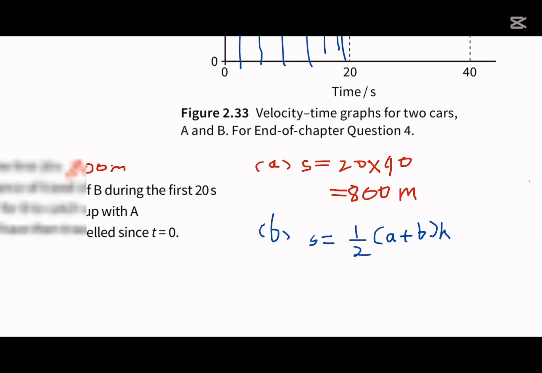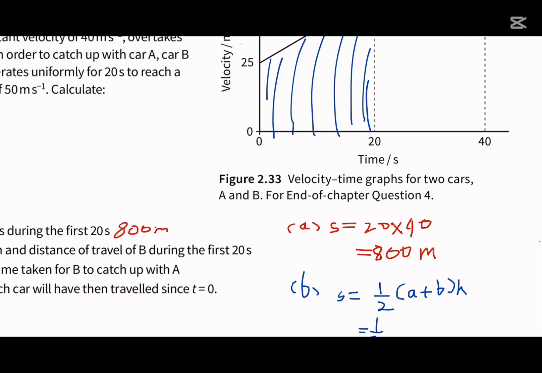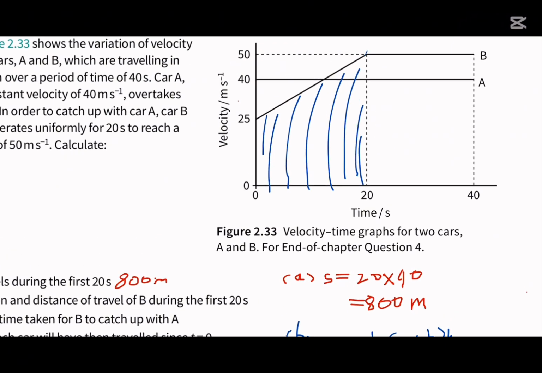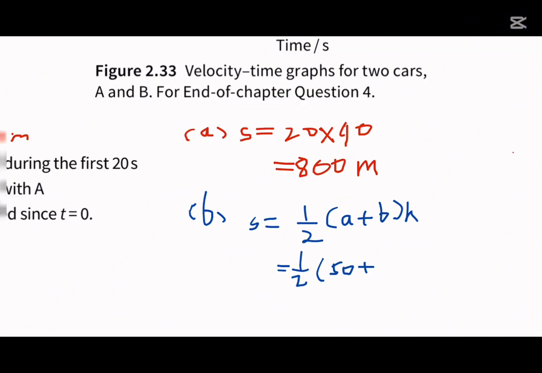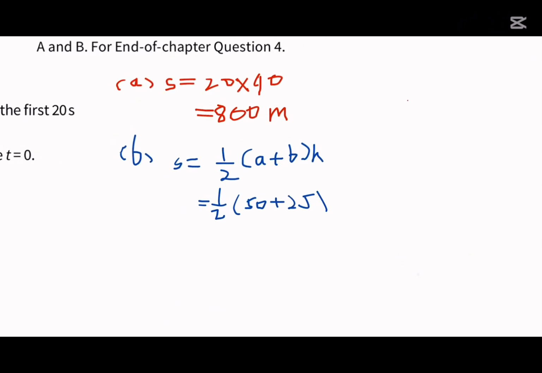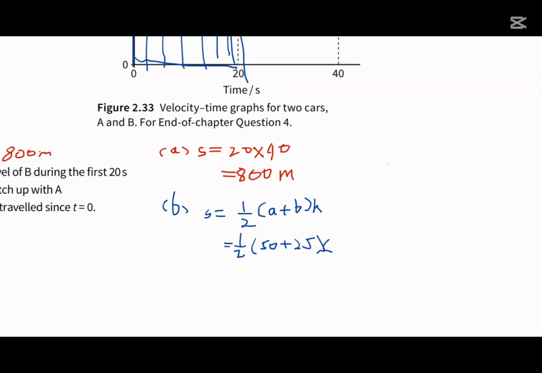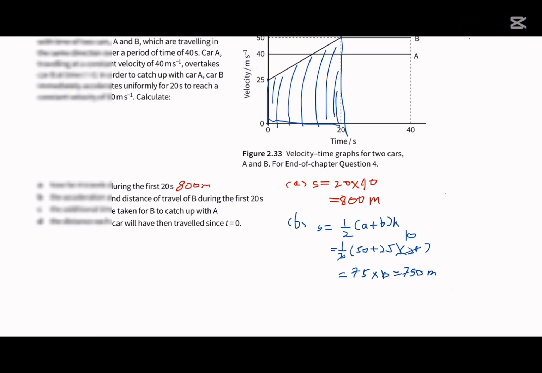Here a is this length, which is 50, plus b, which is about 25, and h, the height, is 20. So it's 1/2 times 75 multiplied by 20, which gives 750 meters.